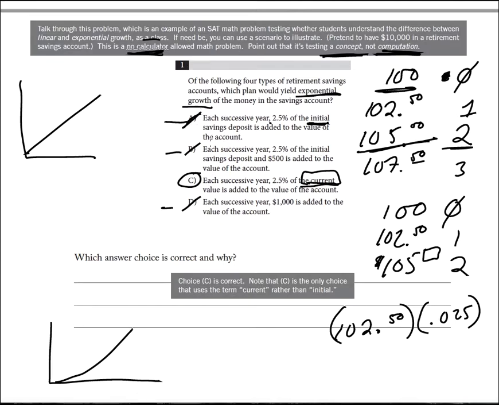So you can get rid of A and B here. You always want to go for the answer that talks about the current or the previous year. If you want exponential growth, you can get rid of initial and zero in on the answer that bases the interest on what's currently in the account.